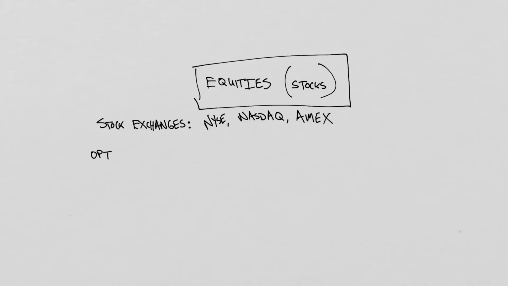But there are separate exchanges for trading derivatives. For options, one of the big ones in the United States is the Chicago Board of Trade. Actually, these days it's the Chicago Board Options Exchange, CBOE.